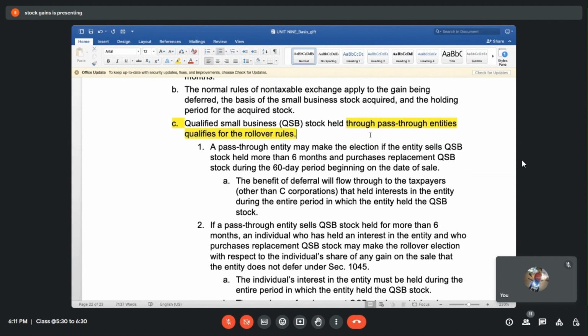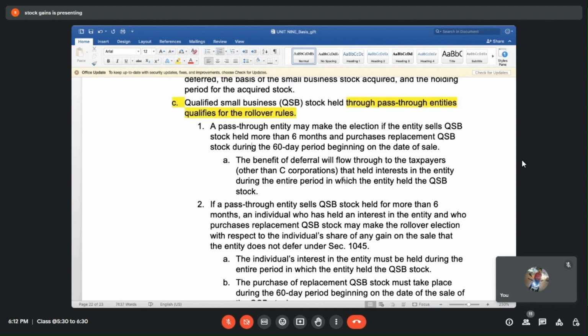The pass-through entity will have to make the election, and there's a process on how to get the waiver. So they have to make an election if the entity sells stock held for more than 6 months, and if they are replacing that by buying another QSBS stock during the 60-day period.